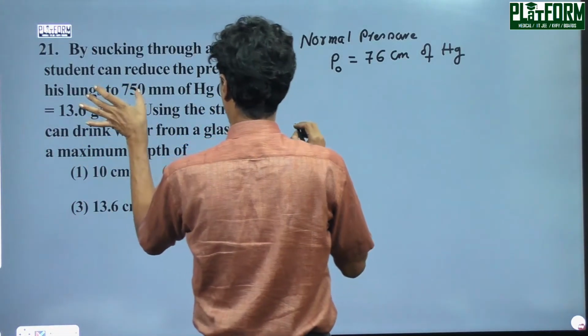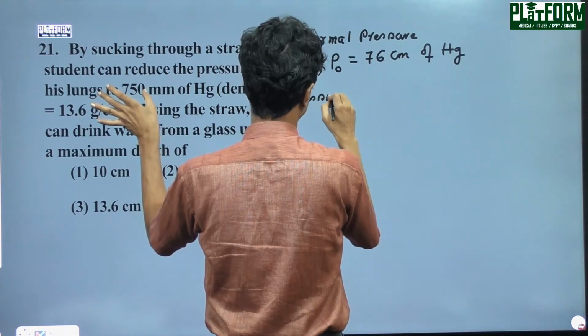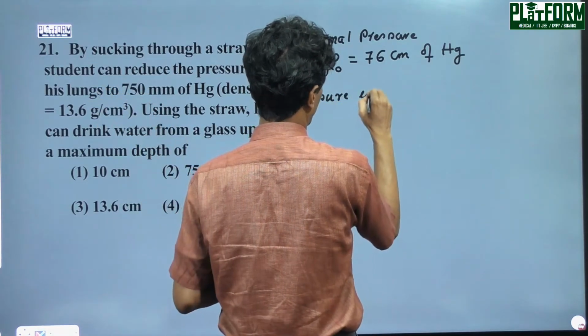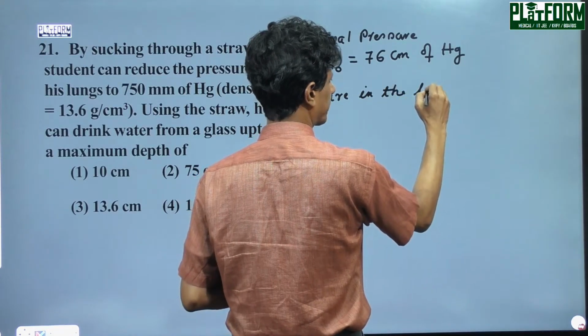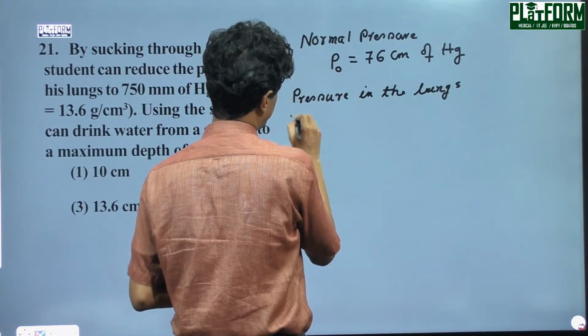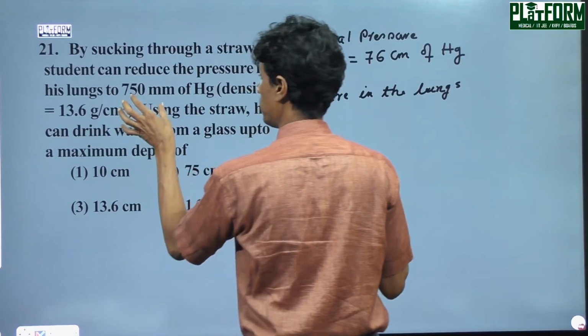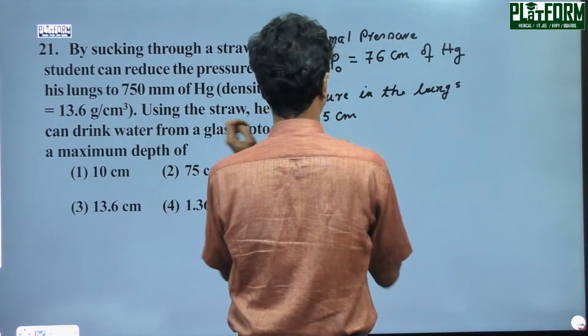Pressure in the lungs decreases to 75 centimeter.